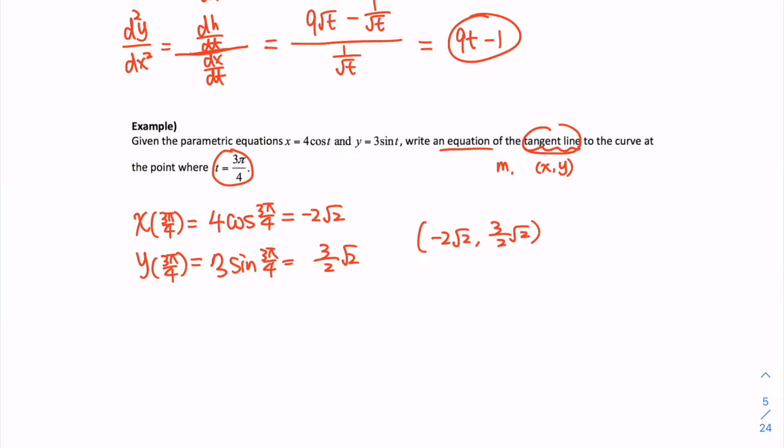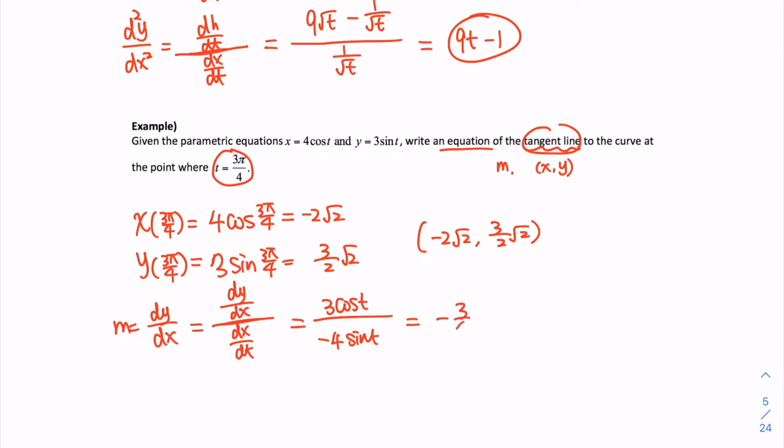Now we find the slope equals dy over dx, which is dy over dt over dx over dt. So dy over dt is 3 cosine t. dx over dt is negative 4 sine of t. This is negative 3 over 4 cotangent t.